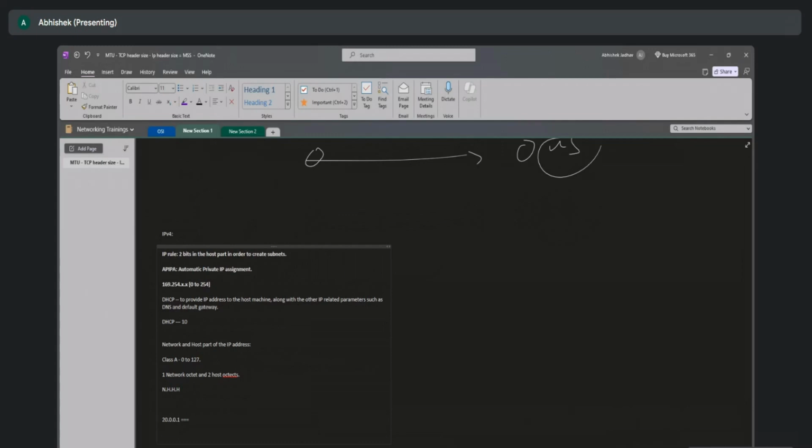According to this, the moment you get an IPv4 address, no matter in whichever organization you are and whatever work you are doing, if you see an IP address like this and you see that it is 20 here, no need to check the rest of the IP address, because we have learned that from 0 to 127 it is class A. So you can immediately understand that this is a class A IP address, right?